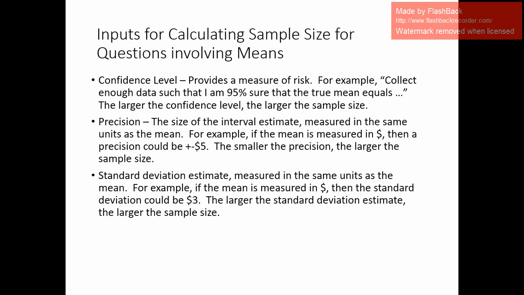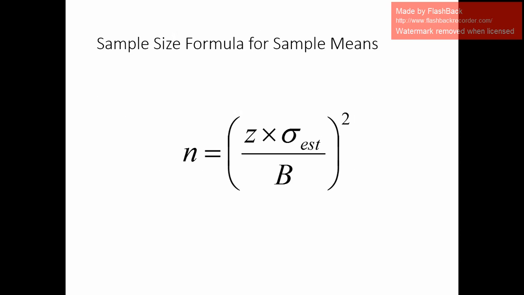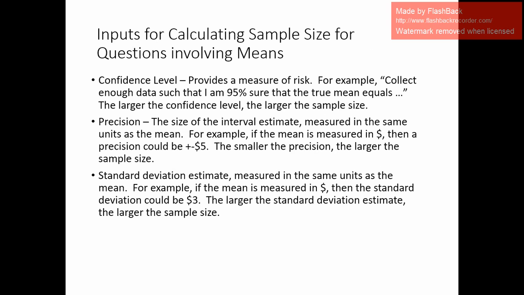So if we're estimating dollars, then our precision is I want to be able to know within plus or minus $1 or $3 or whatever that number is. The tighter that precision, the more data you collect. And then the standard deviation, measured by sigma, is just how much variability is in the data. If you have a lot of variability in the data, you need more data, a larger sample size.